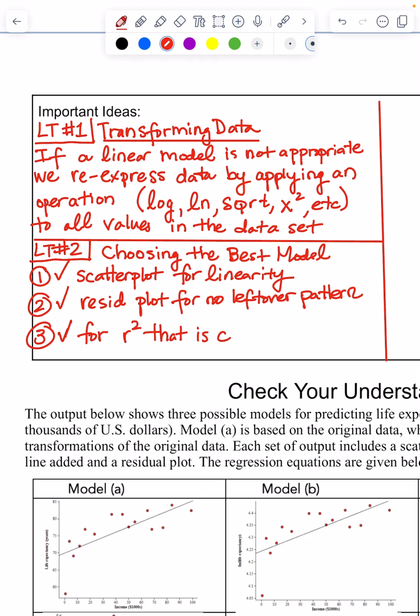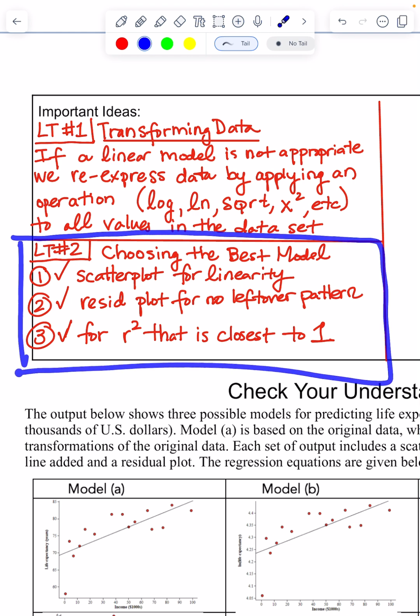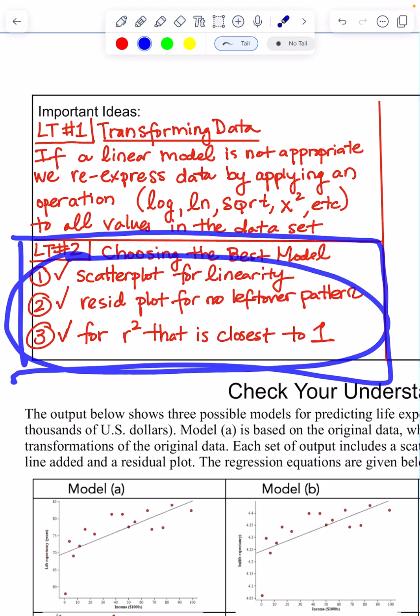So it's the strongest one. So you almost certainly, I can almost guarantee, will get a MC where you're given a few different models and you're asked to decide which one is the best one.